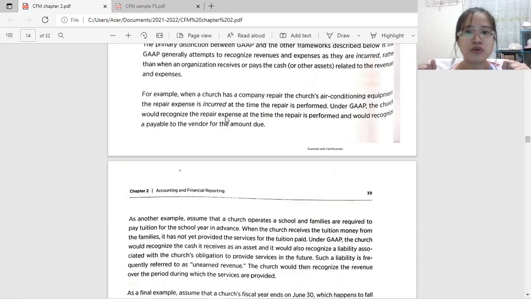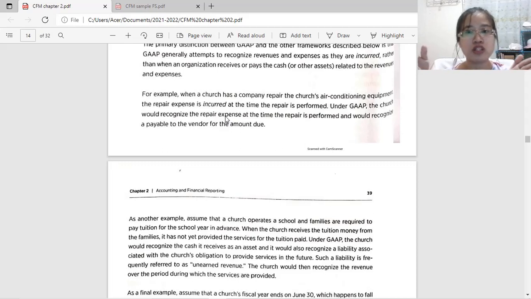So the revenue is recognized only when the service is already rendered, not when the cash has been received. And then for the expenses, it's the same: when they are incurred and not when they pay the cash.